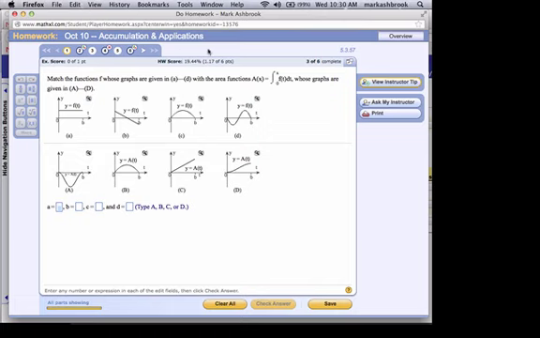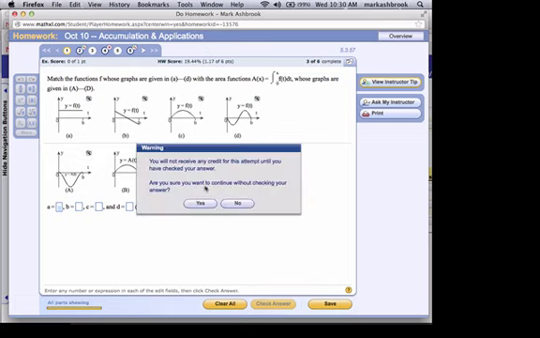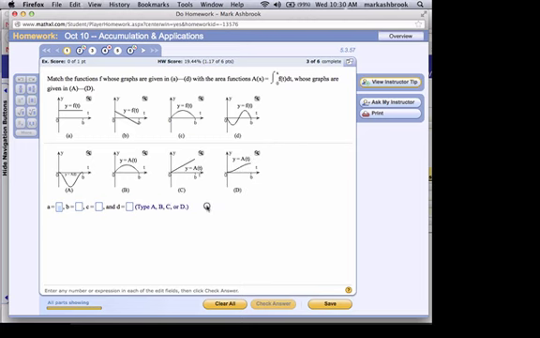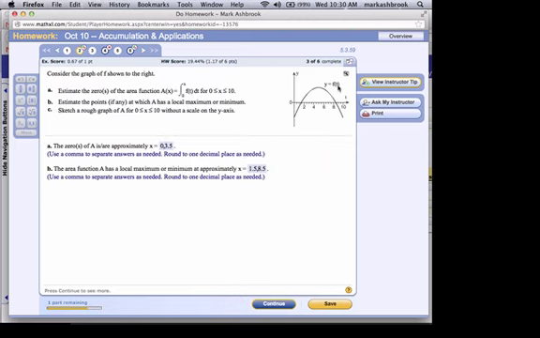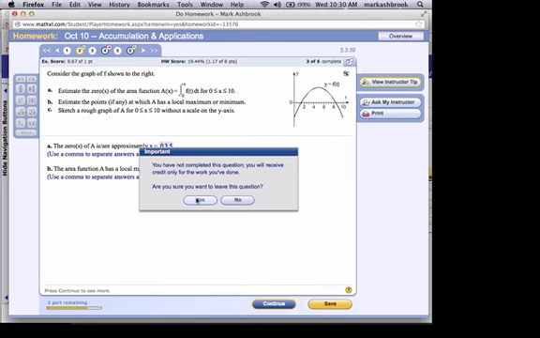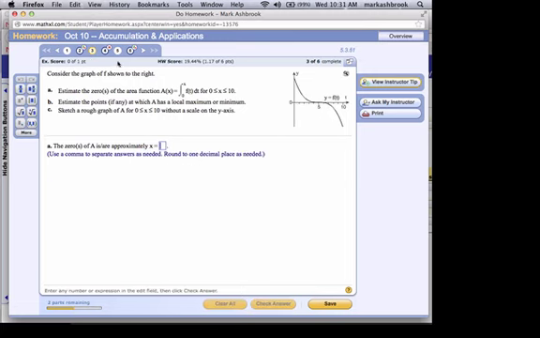Number 1, given the rate functions, determine the accumulation function, match them up. Number 2, given the rate function, answer questions about the accumulation, like max, min, and zeros. Number 3 was the same as that, just they gave you a different rate function.